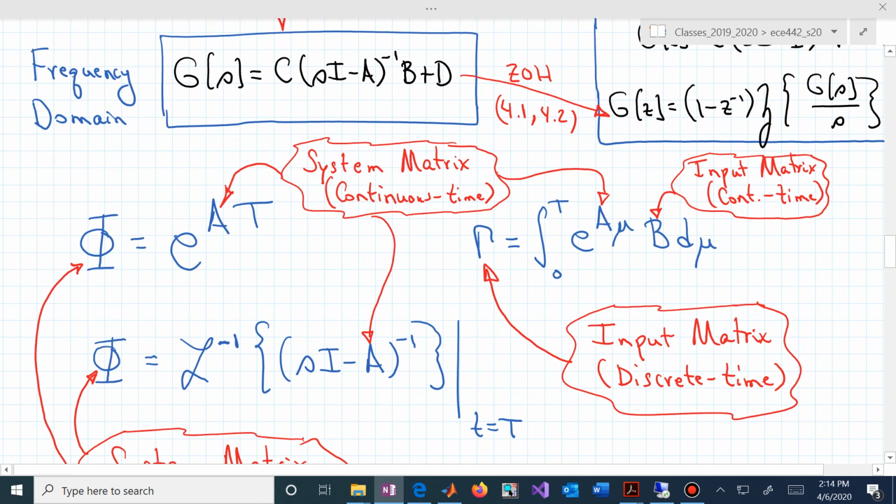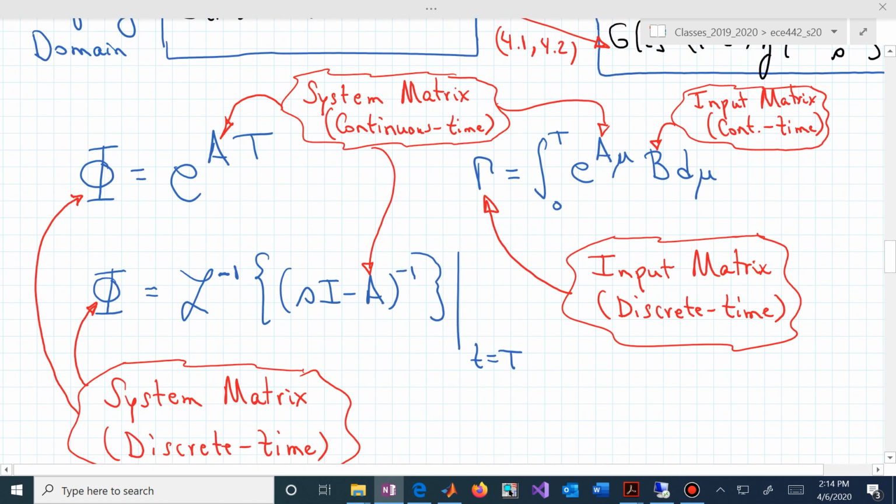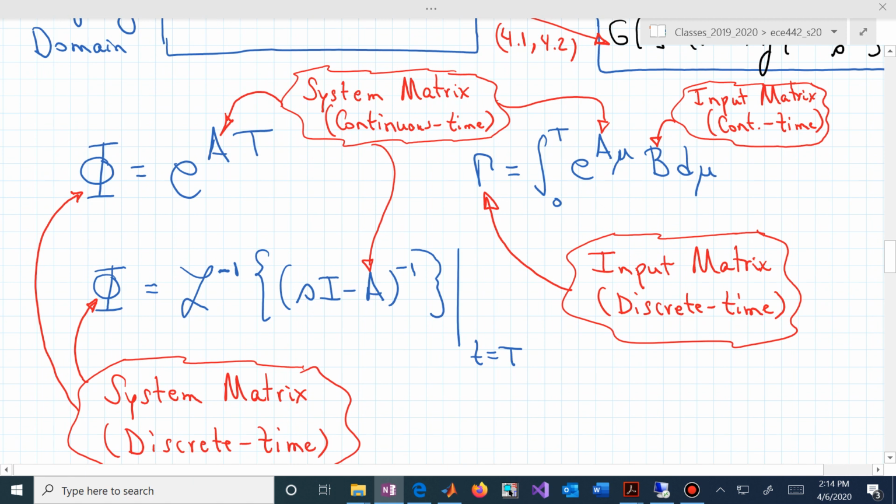Then the phi matrix, the system matrix in the discrete time setting, is e, a matrix exponential, A to the capital T. T is a scalar, and if you wanted to obtain that phi matrix by hand, you could find that by first computing this matrix symbolically containing s, this matrix (sI minus A) inverse, and then inverse Laplace transforming each of the elements in that matrix.